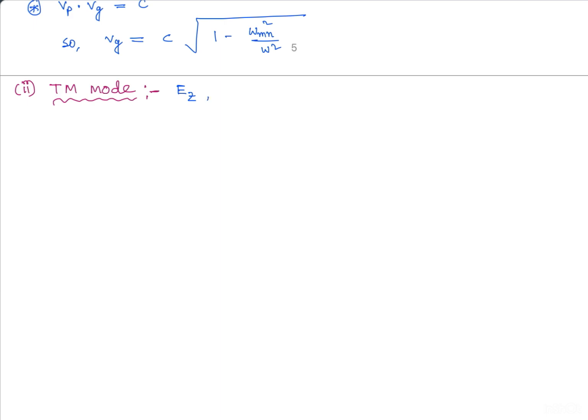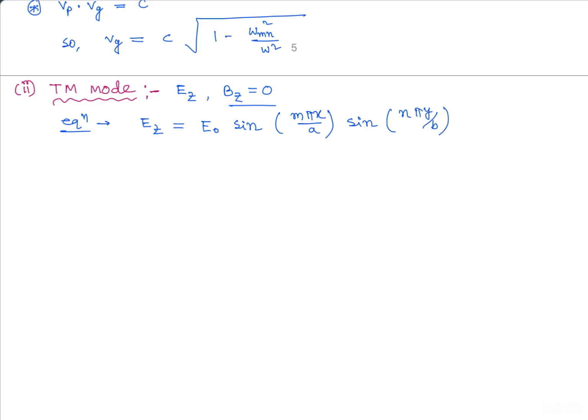The transverse magnetic field Hz equals 0. So the equation will be Ez equal to E0 sin(m pi x by a) into sin(n pi y by b).